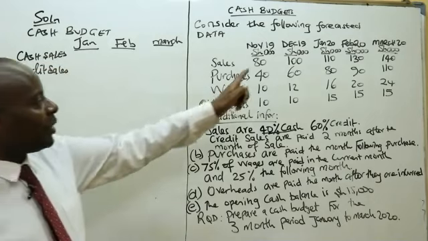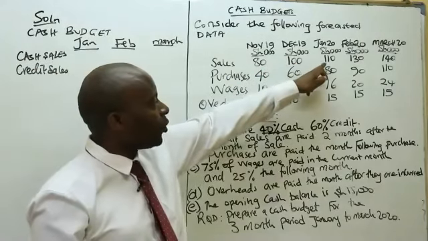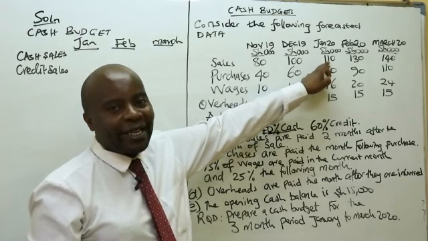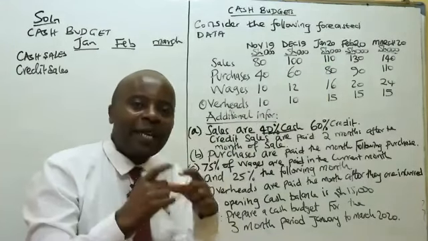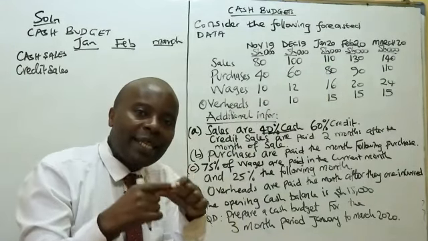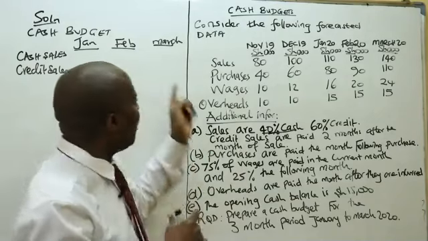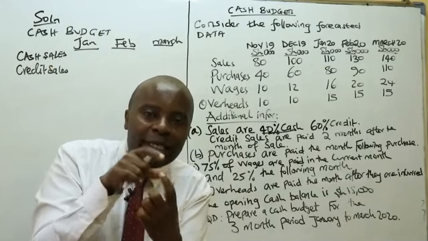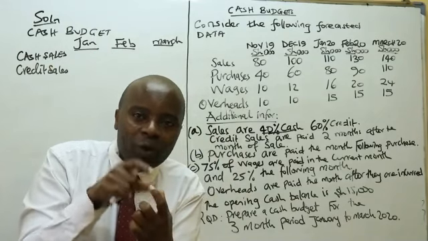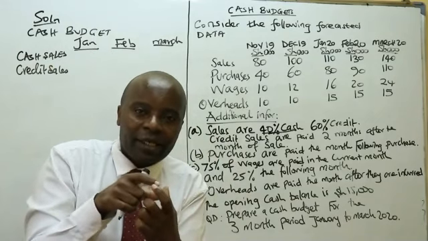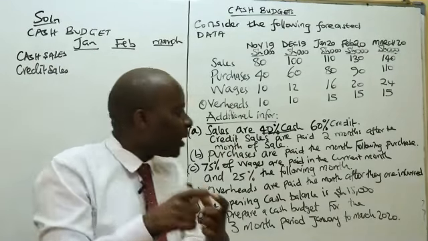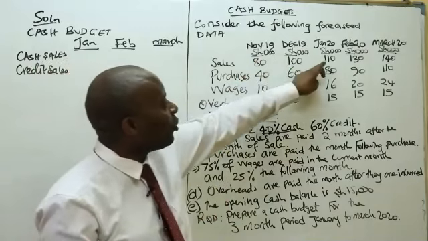So please come here. We can see January 2020. We sold goods worth how much? Goods worth 110. And out of these 110, we're interested in the cash amount. Remember, you are doing the cash budget. Out of the 110, 40% was received in the same month, on cash basis. So in this case, we have 40% of 110.